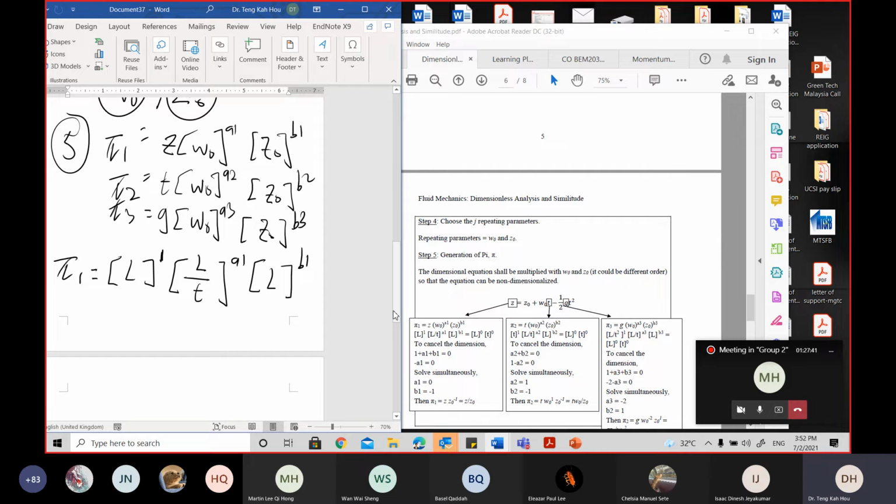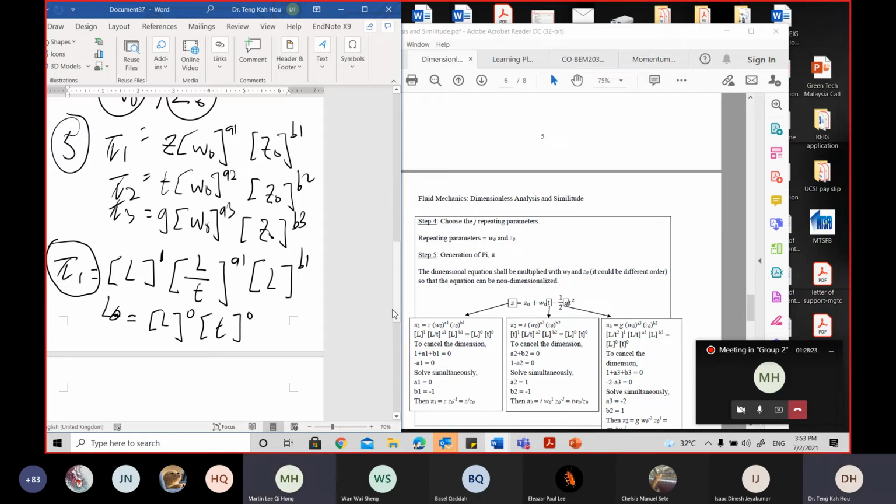In order for you to do the dimensional analysis, you must equate this equation to L0 T0. Do you get what I mean? Because I want to get a dimensionless equation, I need to make sure all these variables make this equation become 0. Can you follow me?